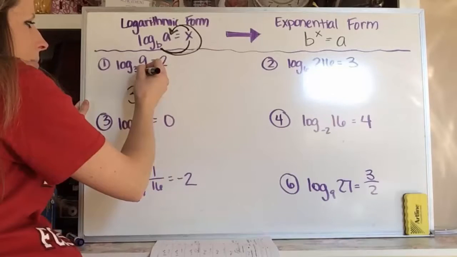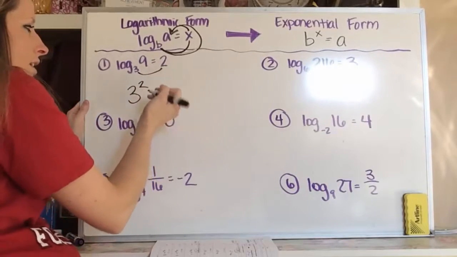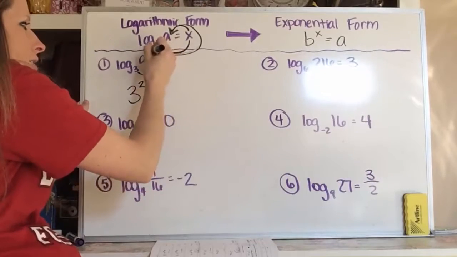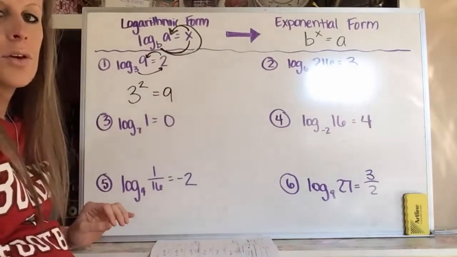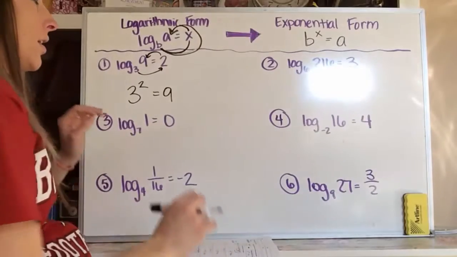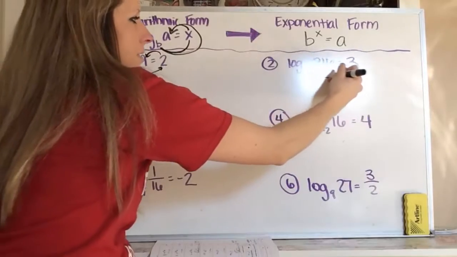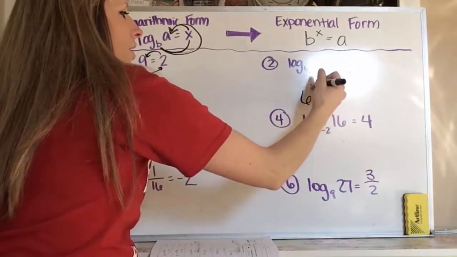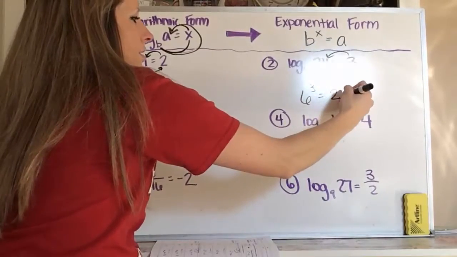I start with my base, then go counterclockwise to the 2. That's my exponent, and it equals 9. So all we're doing is rewriting it. Number 2 on the right side is going to be 6 to the 3rd power equals 216.